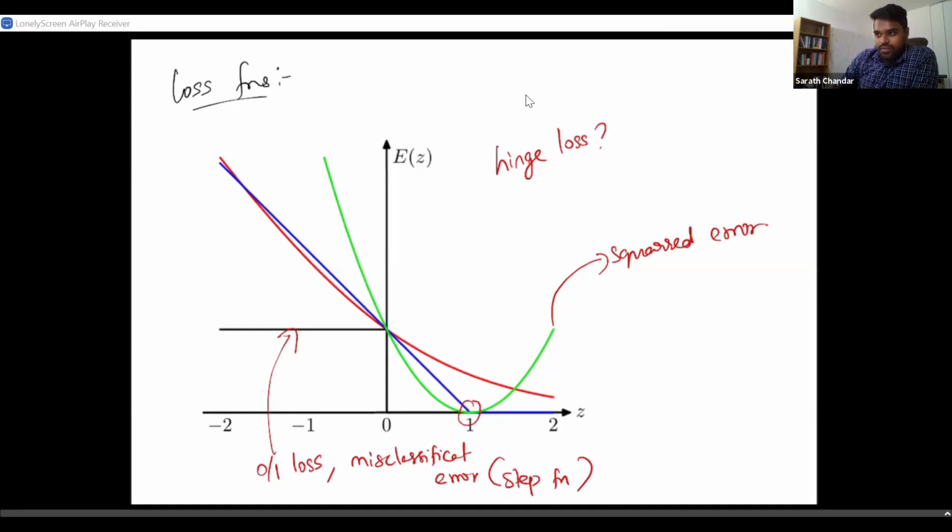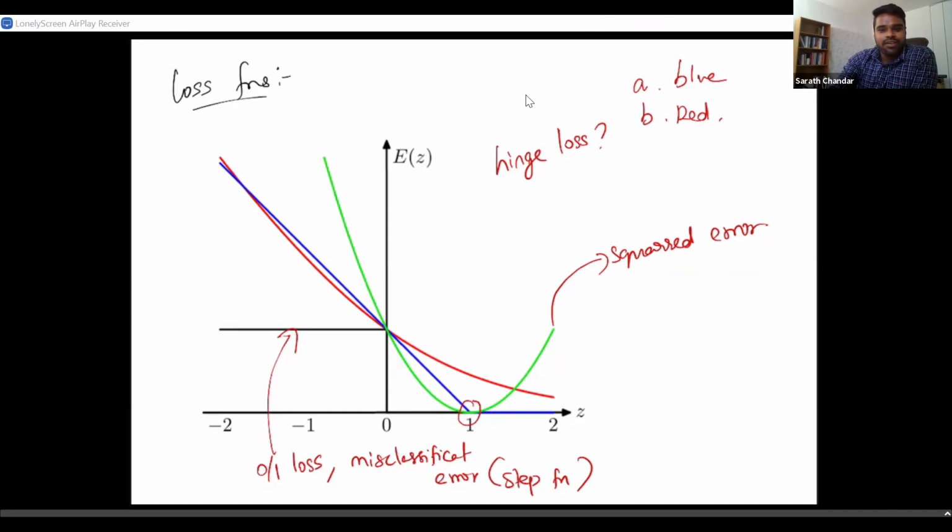Which one of the two is the hinge loss? You press A for blue and B for red. Okay. Let's start the poll. Which one of them is hinge loss, blue or red? Okay, I will be stopping the poll soon.